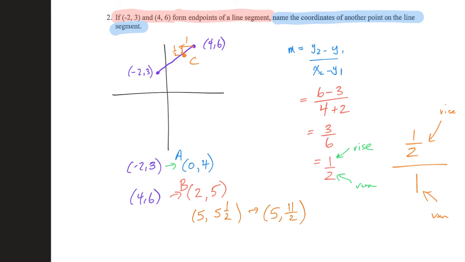There's nothing wrong with that. So hopefully we could see we could have gone 1 unit this way and up 1/2 and got to a different answer again, and so on and so on. But I'm going to bet and say for most of us, you're given one of A or B.